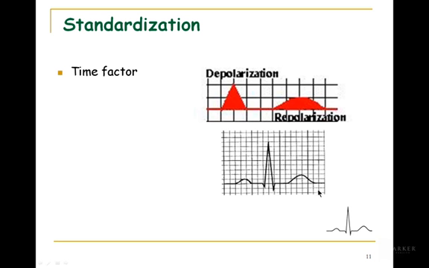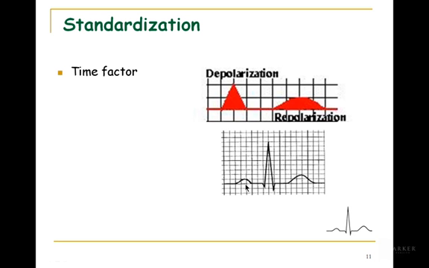Same amount of muscle that's involved. So I have to state that another thing that will determine the overall magnitude is the amount of muscle that's involved. If you notice, the P wave is going to be way smaller than the QRS complex because the atria are smaller than the ventricles.